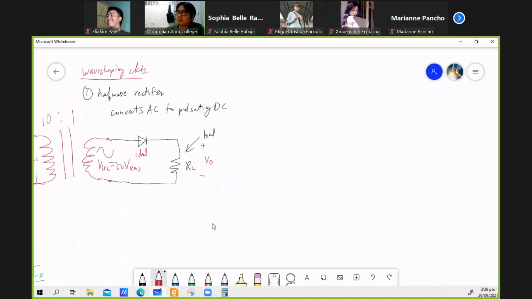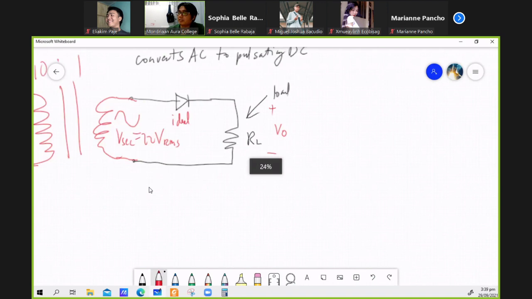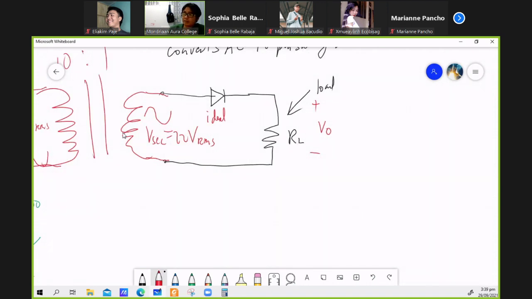Okay? So, we have to determine first the peak voltage. Sa secondary tayo nakafocus kasi ang rectifier natin naka-connect sa secondary winding natin. Okay. So, let us get first the peak voltage. Anong formula natin to relate RMS and peak voltage?